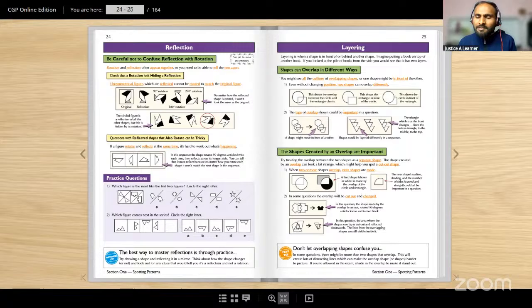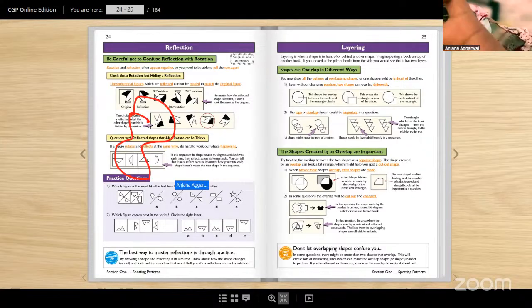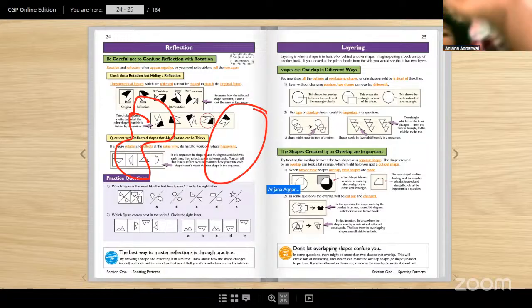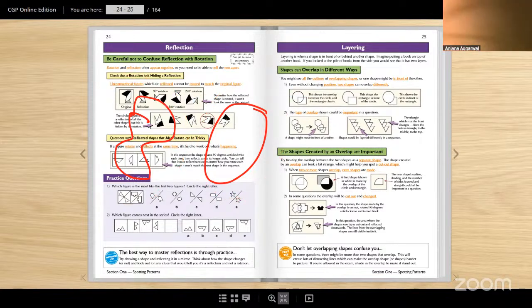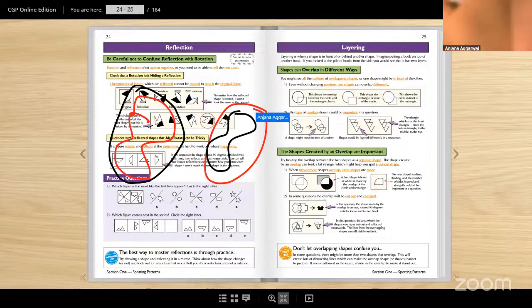But for this shape, it won't be symmetrical because this shape is bigger than this shape. When you look at it, this shape will be fitting inside like that.